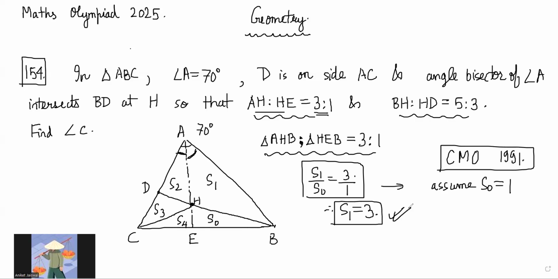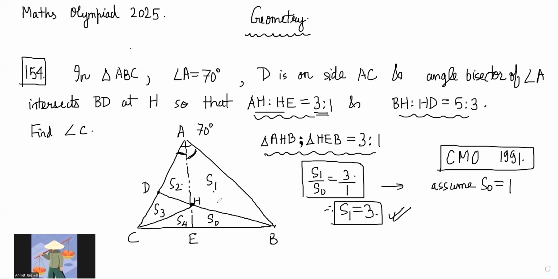Then you can say that the area of triangle BAH and HAD, we know BH by HD is 5 by 3. So that will also be in 5:3. No, we can't say that directly right now because they are on opposite sides. You have to be careful.